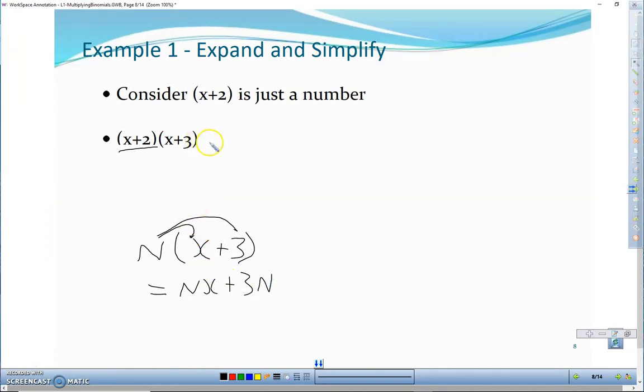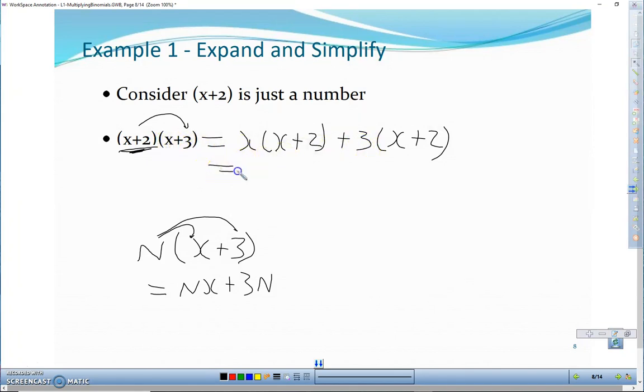And we can think of the same thing as happening up here, which would be this x plus 2 multiplies the x, so we'd have x times x plus 2. And we've got this whole thing again, and it would multiply the 3. We got the plus 3 times x plus 2. So really what's happened is that whole bracket, this whole binomial, multiplied each the x and the 3.